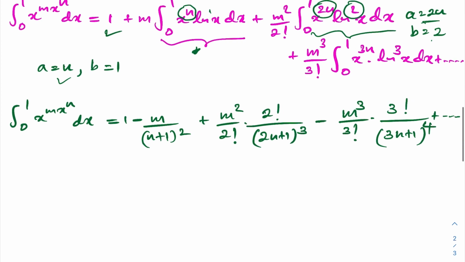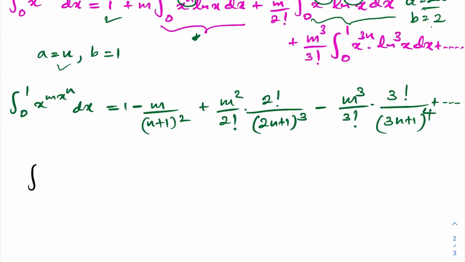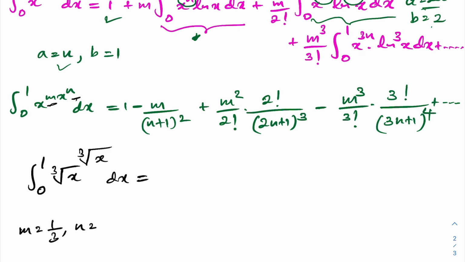Okay, now our question: integral from 0 to 1 cube root of x raised to the cube root of x dx is equal to, now we know m and n, so m is equal to 1/3 and n is also equal to 1/3.